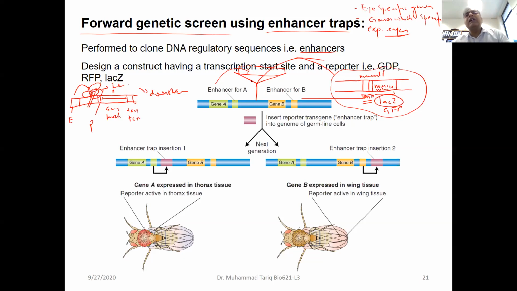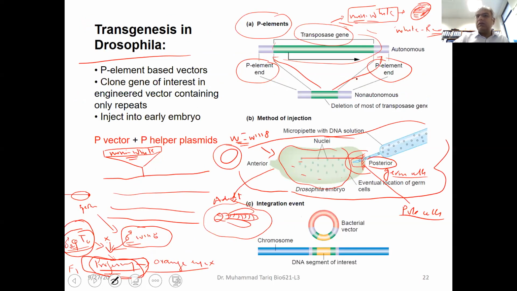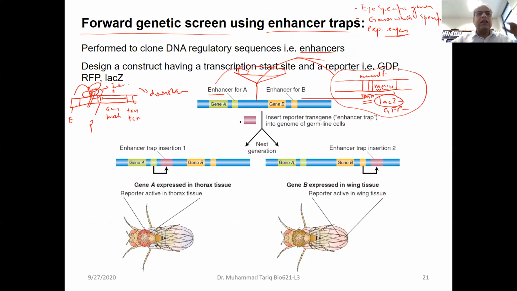It means that due to integration of our construct in the vicinity of enhancers, we will now see lacZ or GFP or mini-white. And people did such P element mediated mutagenesis and made this mutant population, because this is a mutant.